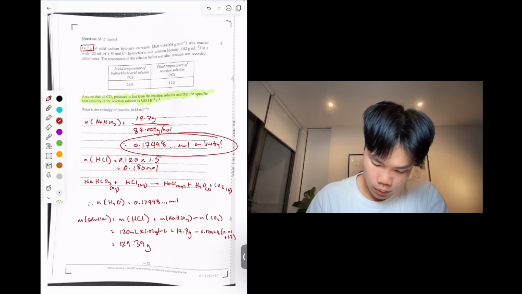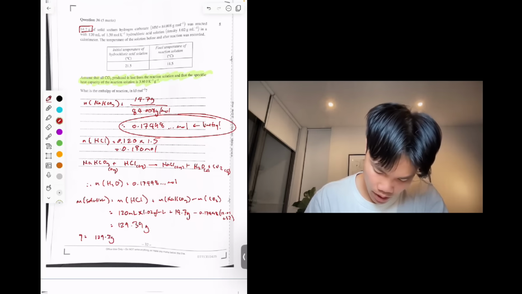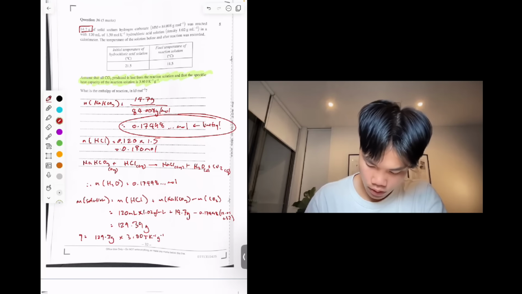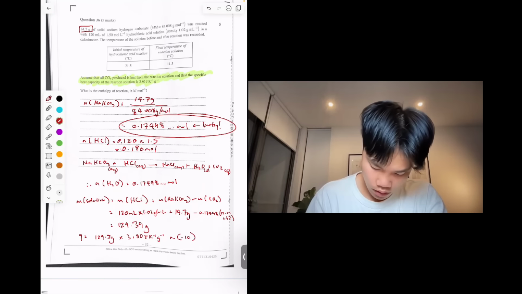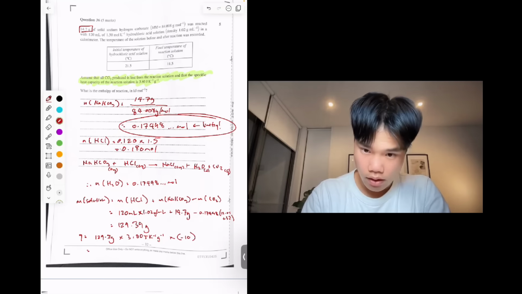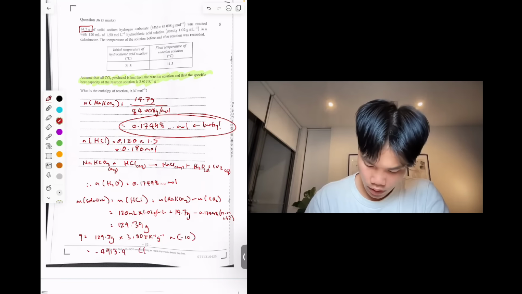And so to find your Q is equal to 129.3 grams, your mass, times 3.80 joules per Kelvin per gram, which is your C, times delta T, which is -10. Giving you minus 4913.4. You've had a heat loss.